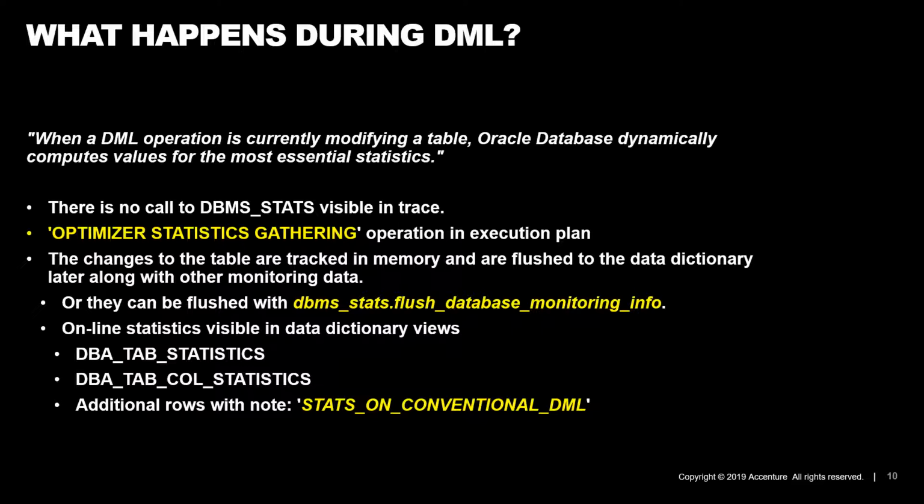So the statistical changes are tracked along with the number of data changes, and they can also be flushed along with the monitoring data using the flush database monitoring info command. And you can then see your real-time statistics in the data dictionary, in the DBA_TAB_STATISTICS and DBA_TAB_COL_STATISTICS views. And there'll be additional rows, and there's a note on that row that says STATS_ON_CONVENTIONAL_DML. And where you see that, that's real-time statistics.